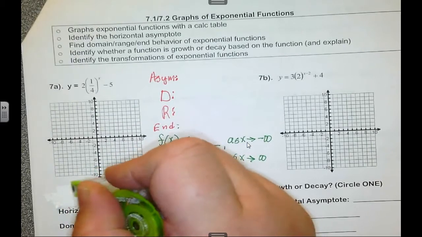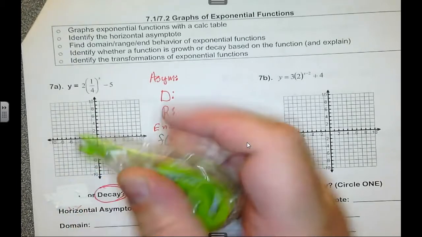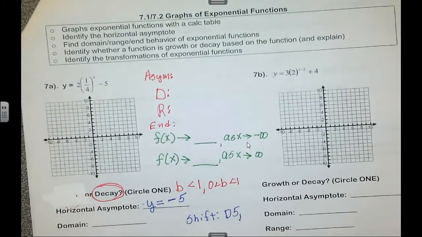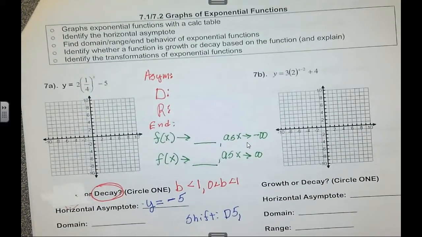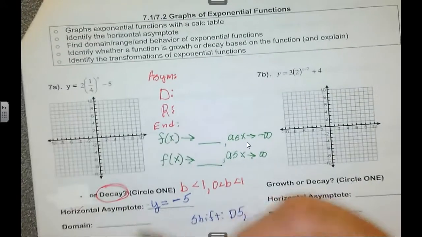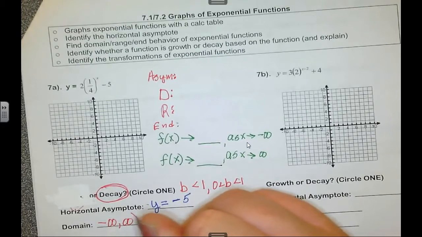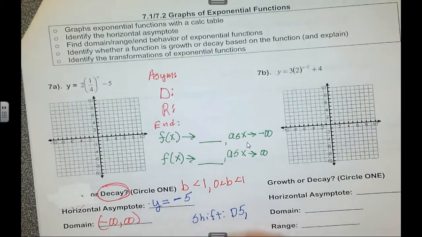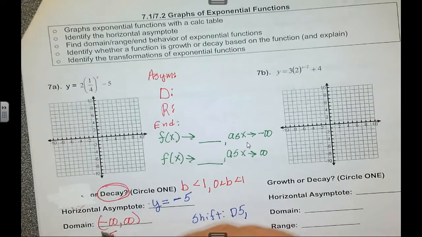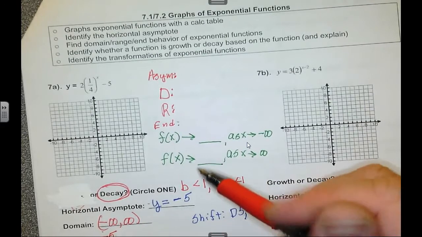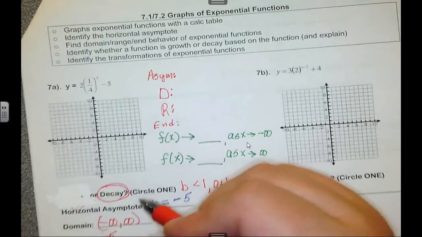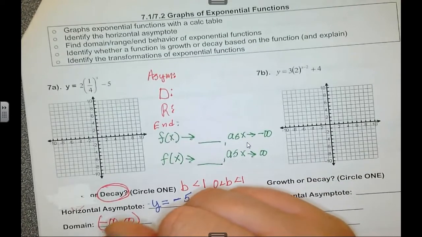Back out. So b is a fraction between 0 and 1. Domain for all our growth and decays is negative infinity to infinity. Our range is going to be our asymptote value, negative 5, and since it's decay, it's going to go up to positive infinity.